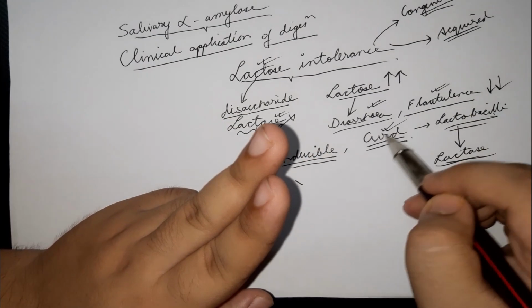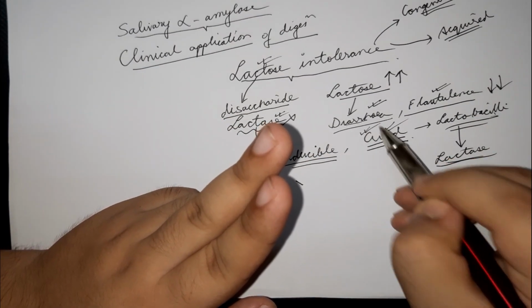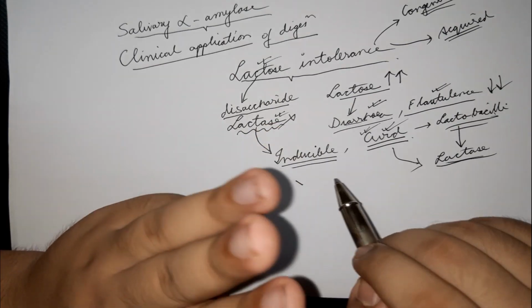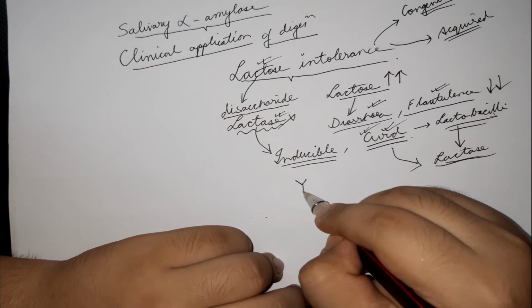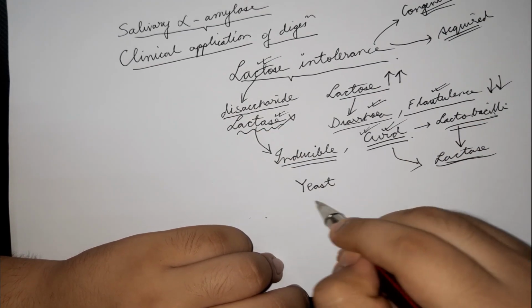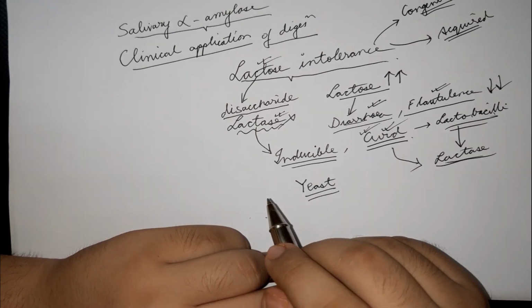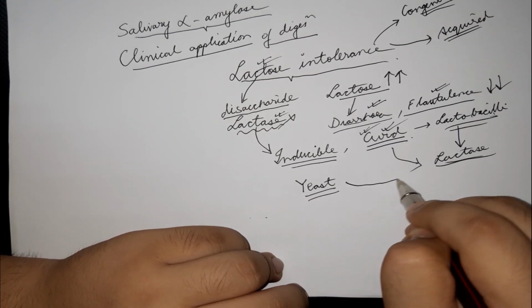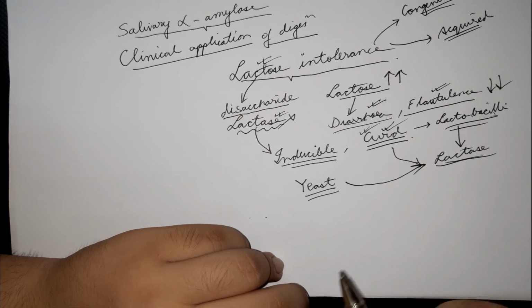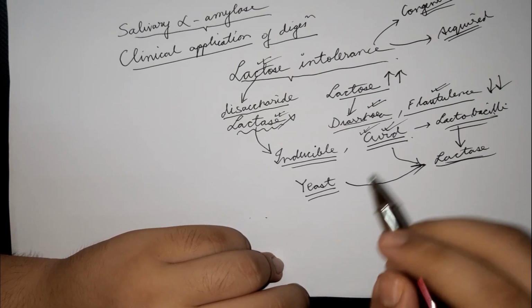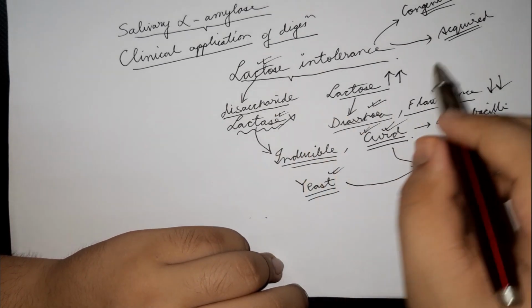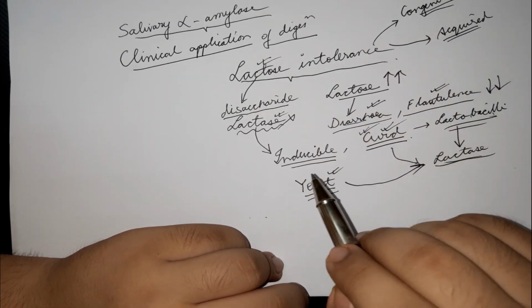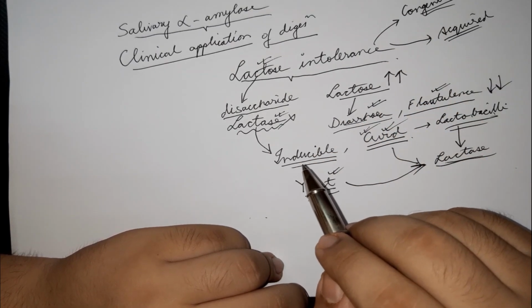B, consume alternatives like curd. And C, use things like yeast, because yeast also has abundant lactase. So yeast can also be used for treating symptoms of lactose intolerance. Okay, done.